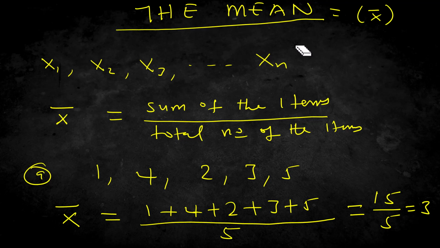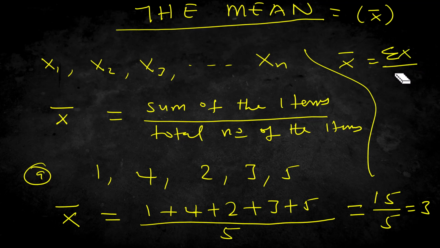So in short, the mean is given by the summation of the items over the total number. This is the formula for that.